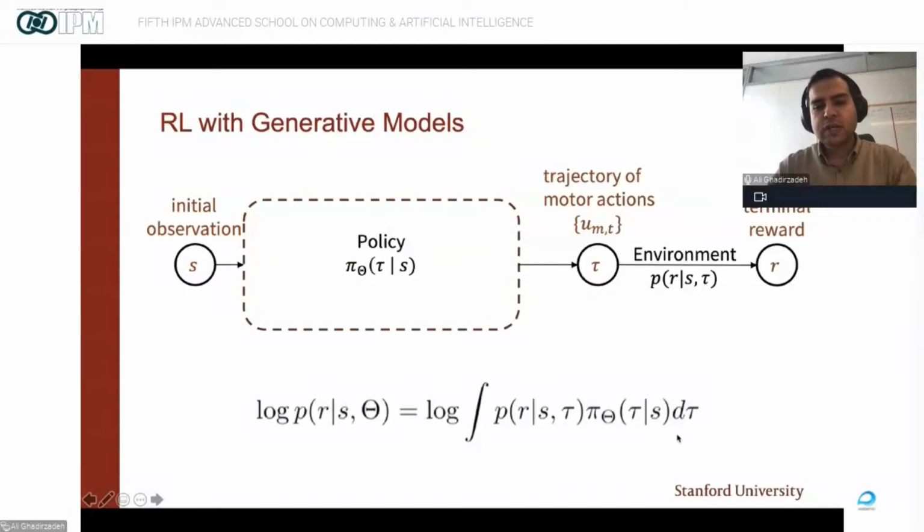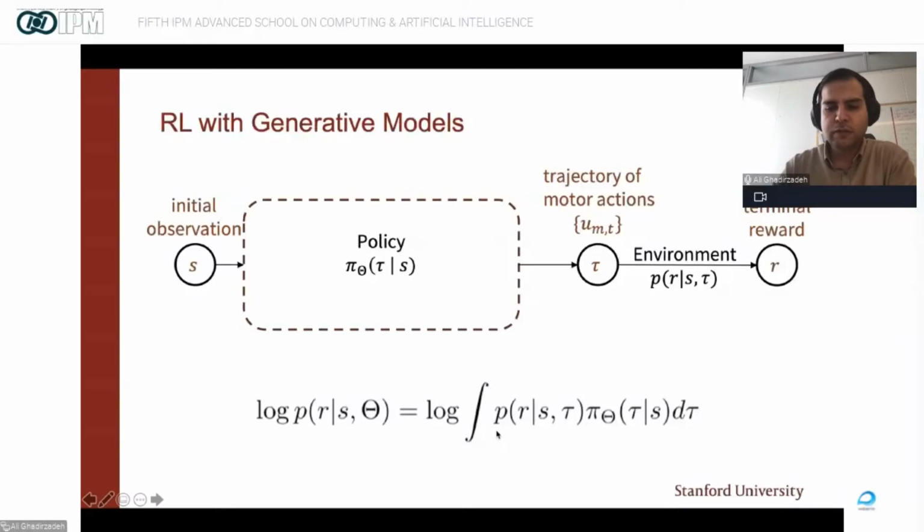Here we can marginalize over trajectories, tau, because currently let's assume this is our latent variable, and we want to see what sort of trajectories will give what kind of rewards.